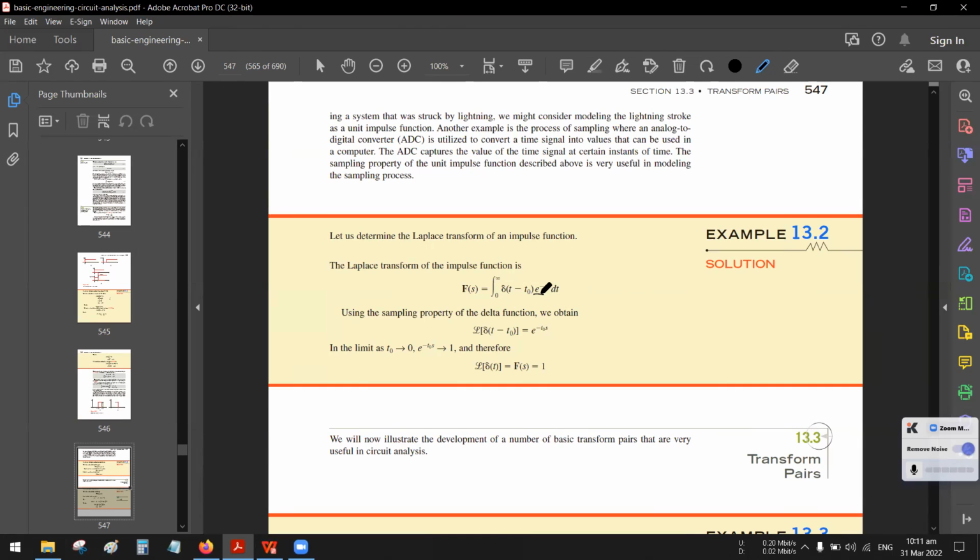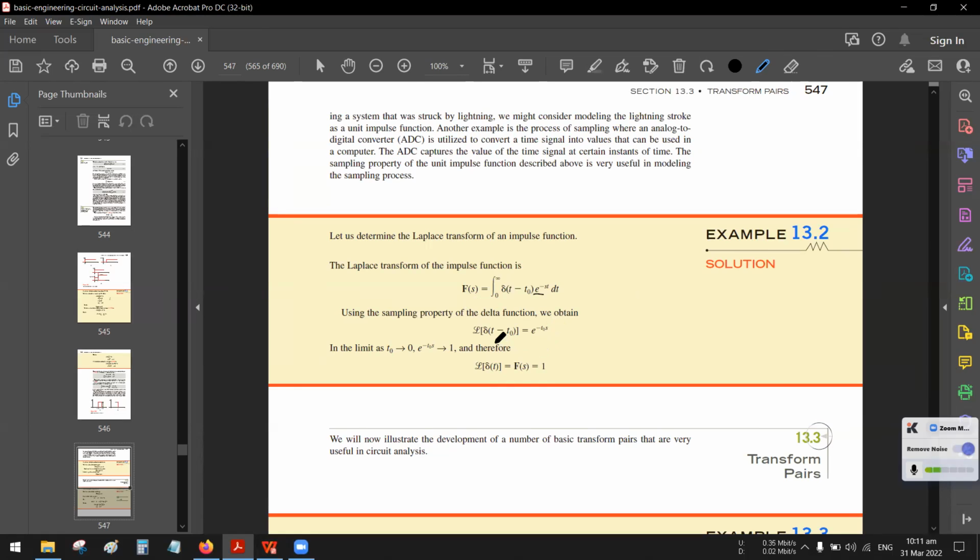Of course, the same with the use of the Laplace definition. Here we use the sampling property of the delta function.